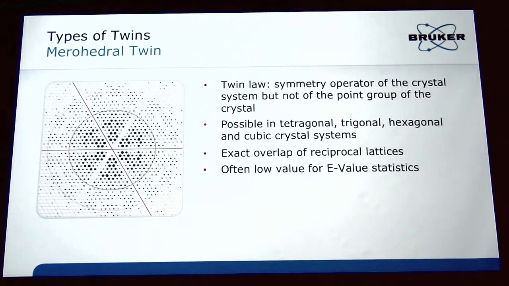So the first type is merohedral twinning, in which you have a twofold that correlates with the metric symmetry of a crystal system, but not with the Laue symmetry. So, for instance, this can be possible for higher symmetry space groups like tetragonal, trigonal, cubic.